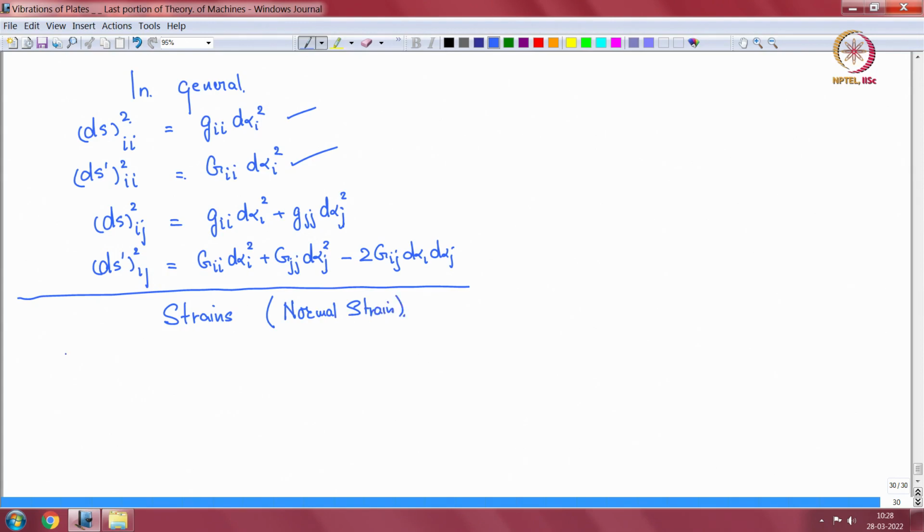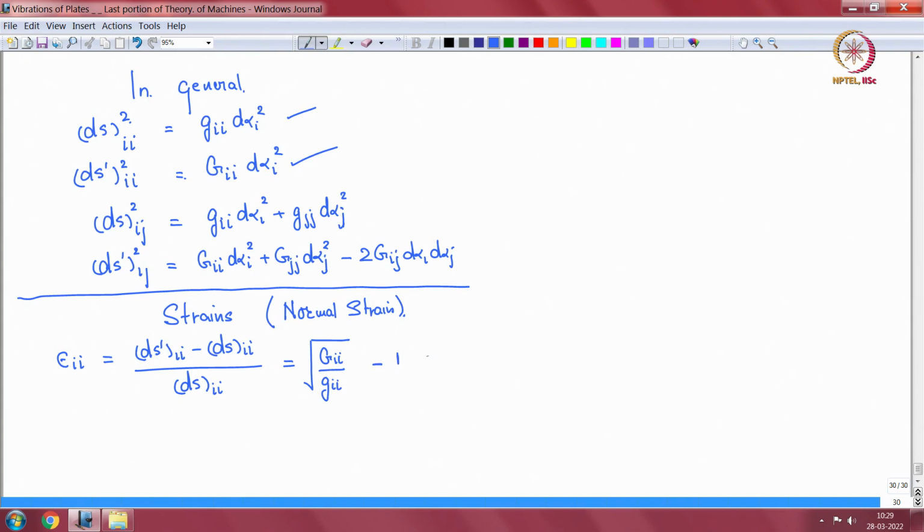So let's see, epsilon I is ds dash I minus ds I by ds I, which in terms of g becomes square root of small g I by G I minus 1.